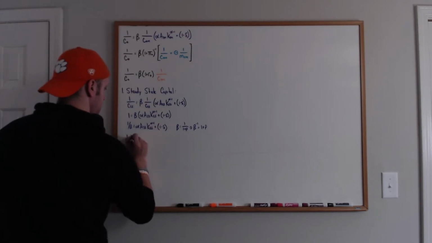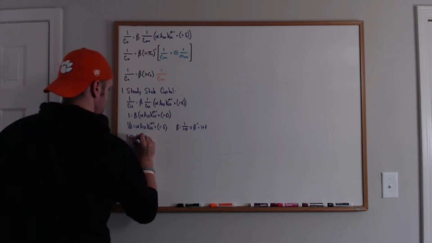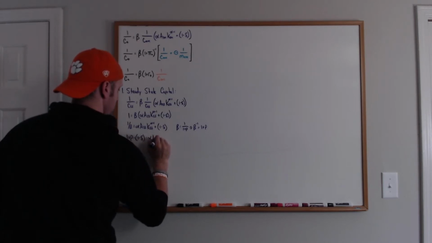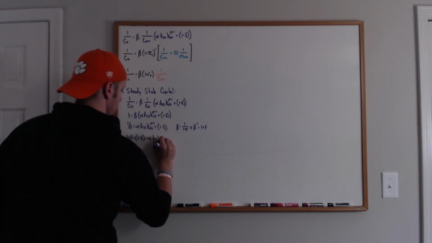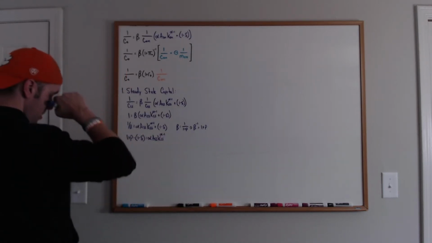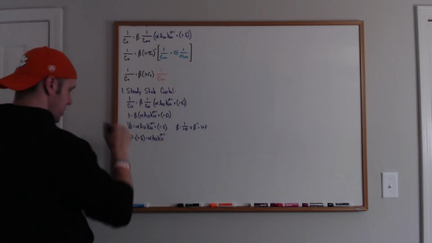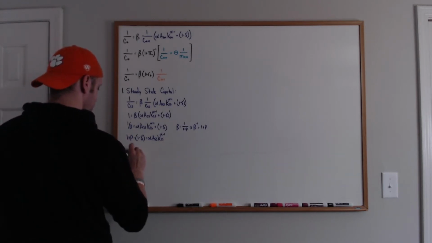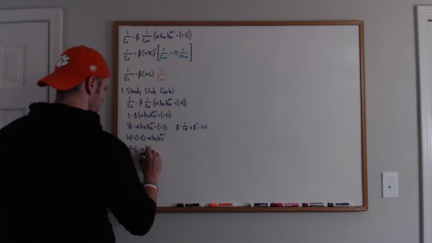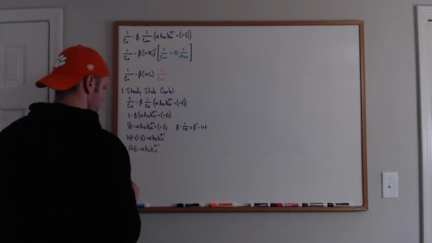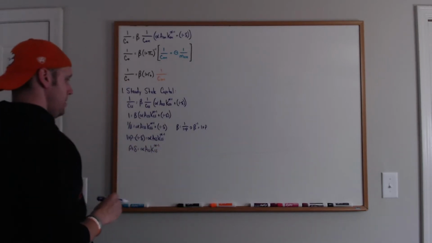Minus 1 minus delta equals this. Well, let's see, go through. 1 minus 1 is 0, rho plus delta. So that gives me this.